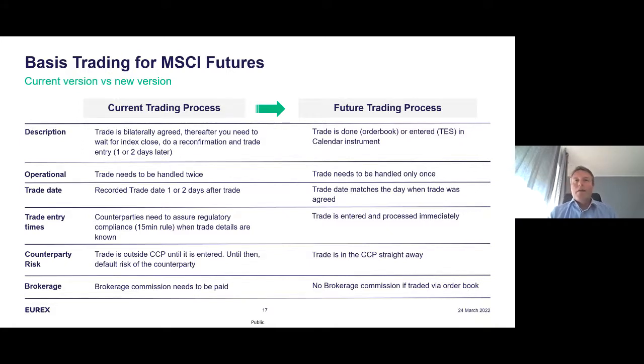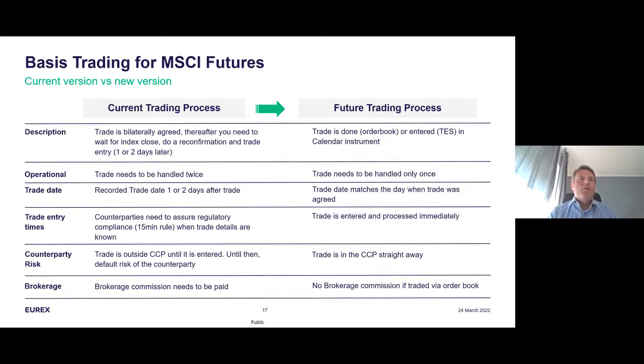In the new environment, you can do it all at that point in time when you agreed the basis. So in the new world, you have to handle this trade only once instead of twice. And therefore, you also have the right trade date recorded, whereas in the environment as of today, you always have to wait 2 days, and then this is the trade date you get once you're entering it.